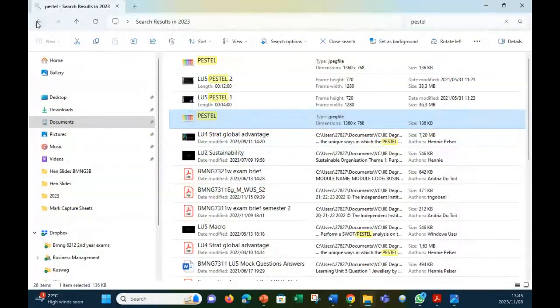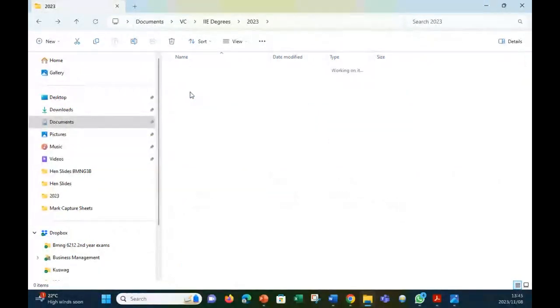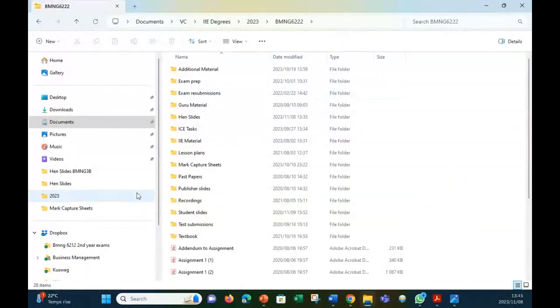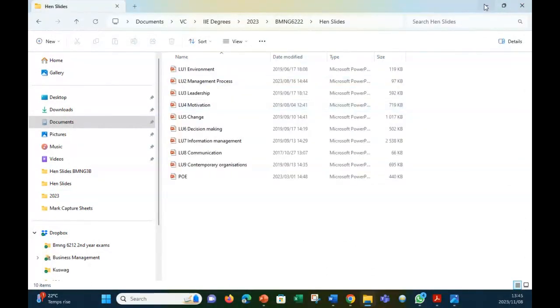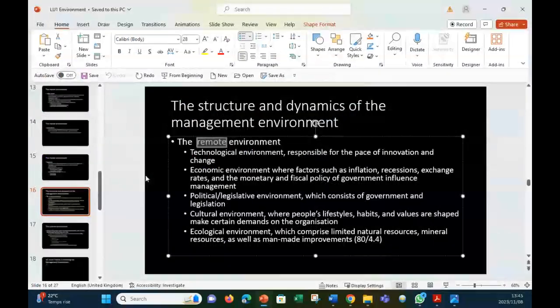So please use that. If we look at the question very quickly, in order to give you an indication of what to do, let me go back to where my slides are. So we know that we are looking at the PESTLE factors. Use the colorful slide, I think that's easier.